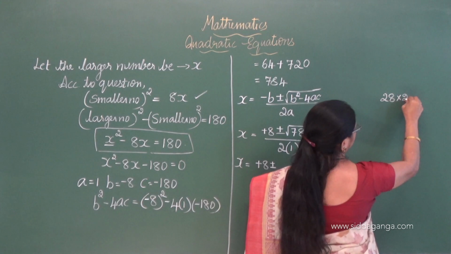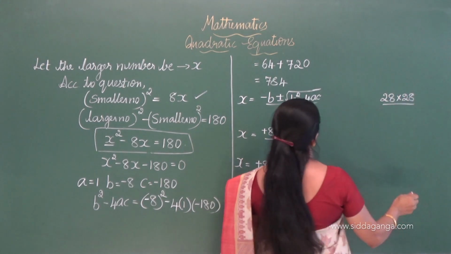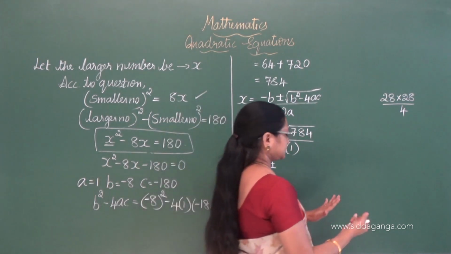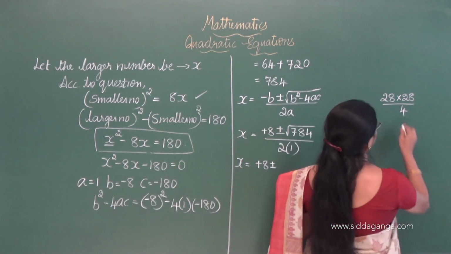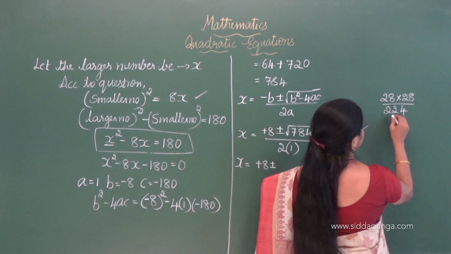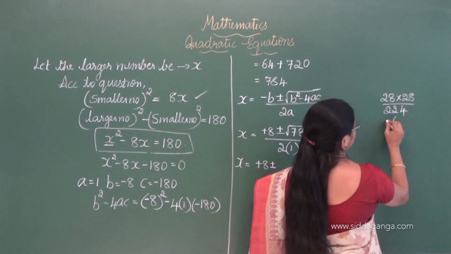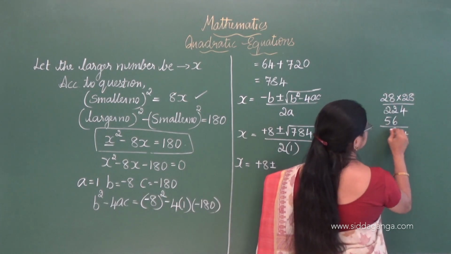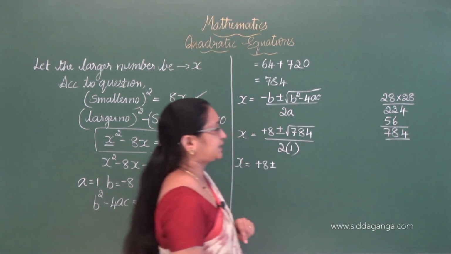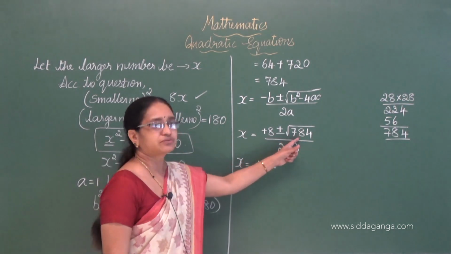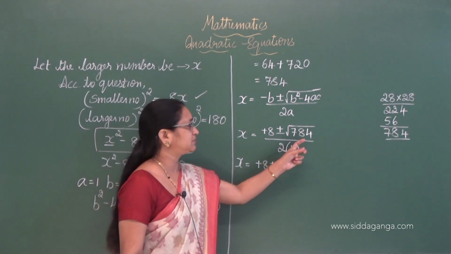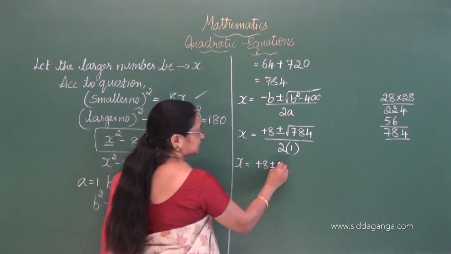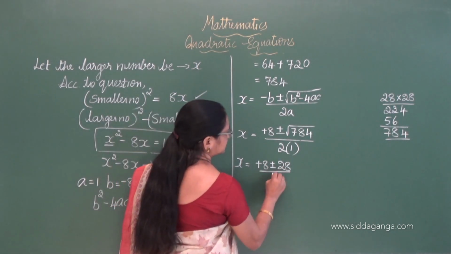So, 28 into 28 is 784. You know how to find the square root by factorization, by finding the factors. So, plus or minus 28 by 2.